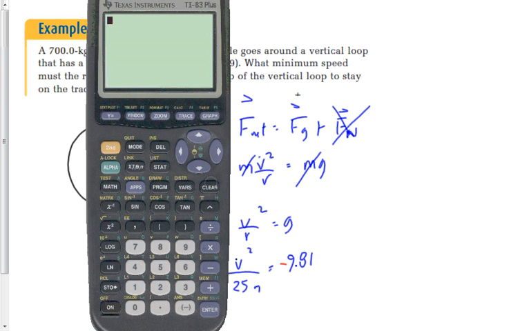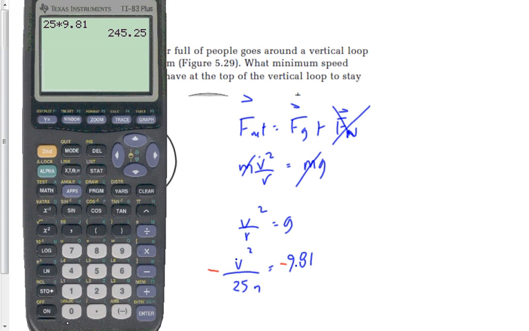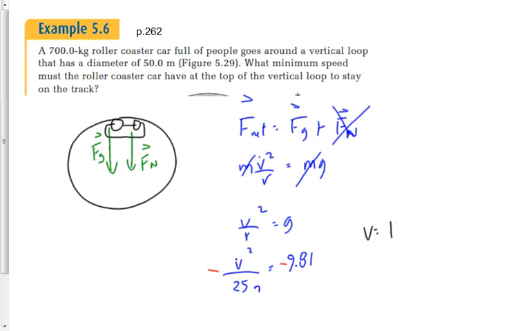Let's say 25 times 9.81. It's actually negative 245, right? Let's just cancel the negatives off right off the top. Let's square root that. We're going to end up getting 15.7 meters per second.